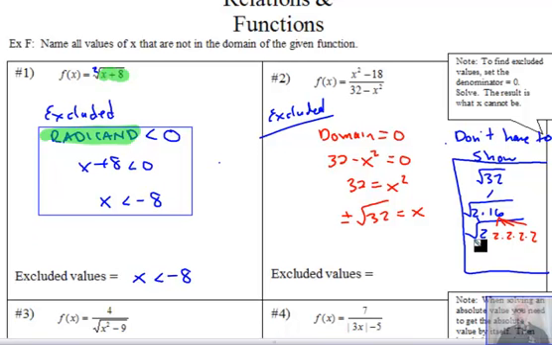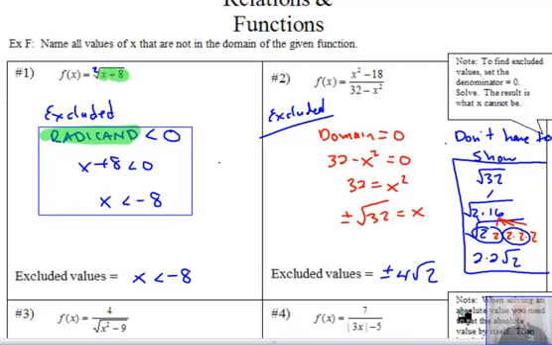For each pair of the same number, since it's a square root, that's why I said pair, you put one number on the outside. Anything uncircled stays on the inside. Therefore, the excluded values are plus or minus 4 square roots of 2.